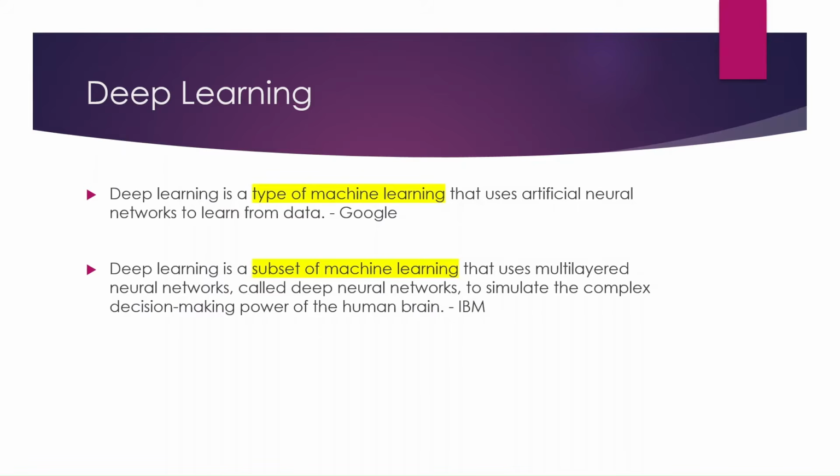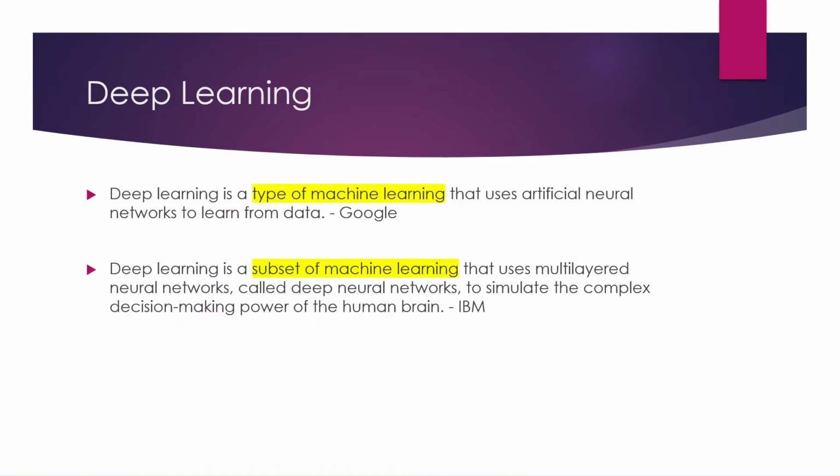Okay, so these deep neural networks help the systems to simulate the complex decision-making power of the human brain. So just like a human brain would have the neurons, and all these neurons work together, and that is how we learn and solve different problems. In the same way, deep learning is like a simplified version of the human brain which is available to the systems, to the computers.